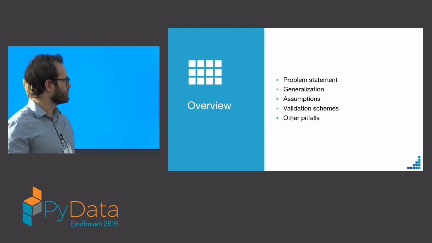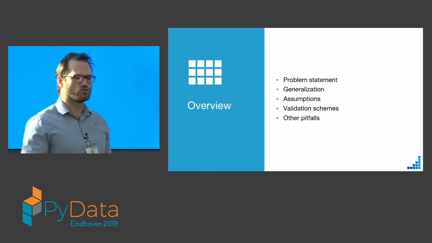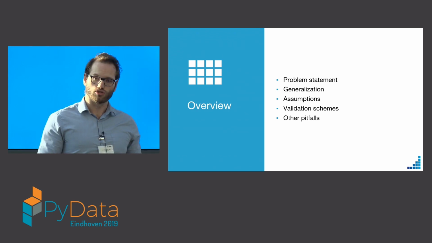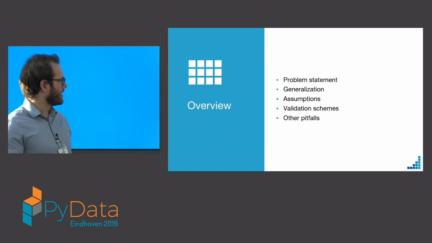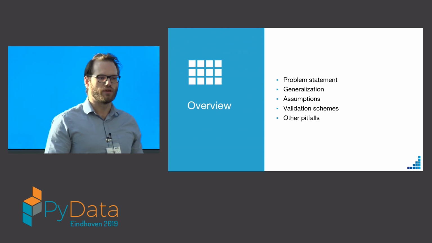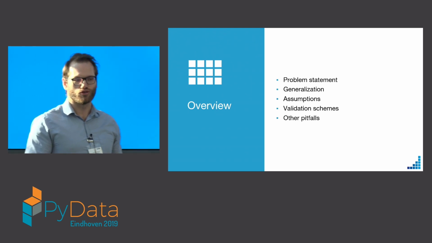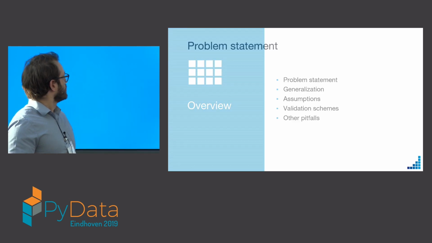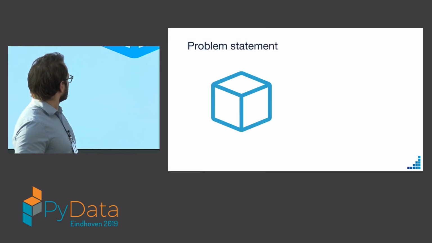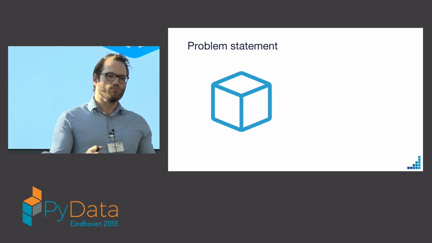We're going to talk about a number of different validation schemes and the up and down sides of these, and why we choose certain ones, and why we even do this. And then there are some small other pitfalls that you can fall into that will make you over or underestimate your performance.